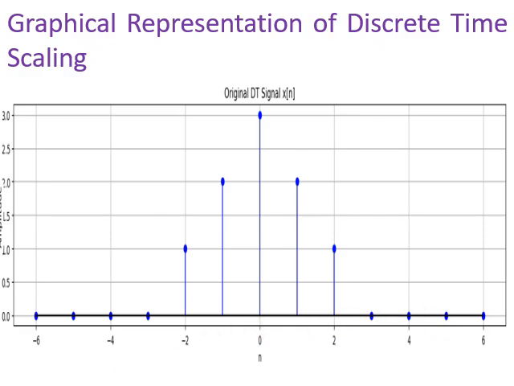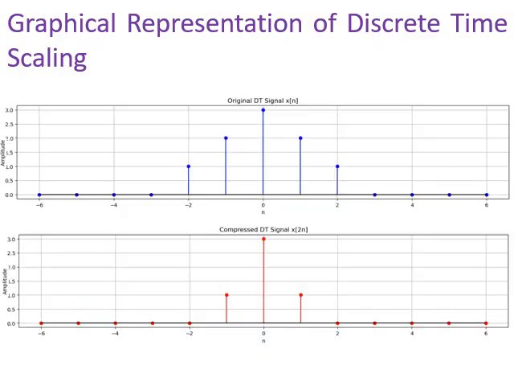So let's first see graphically. So here shown is the original signal and this is the compressed version of the signal. You understand why compressed? You see the original signal is from -2 up to 2, but this signal, which is called the compressed signal, is from -1 up to +1.